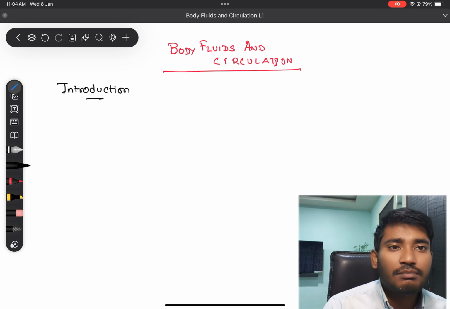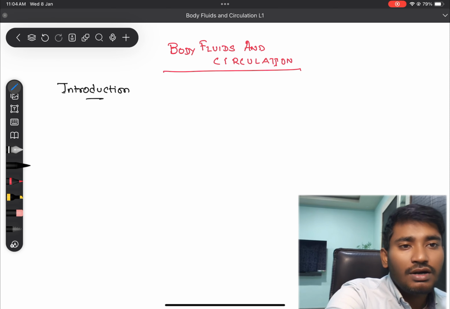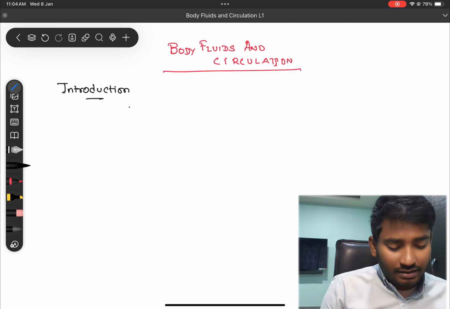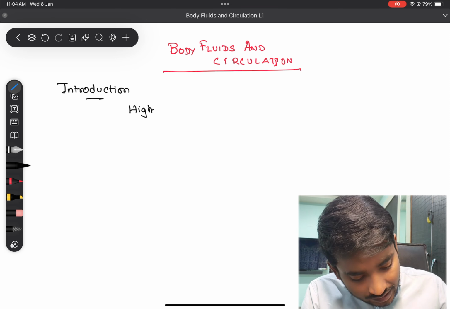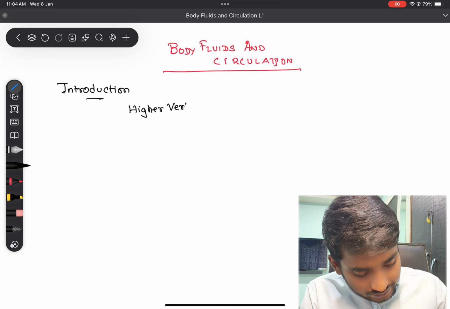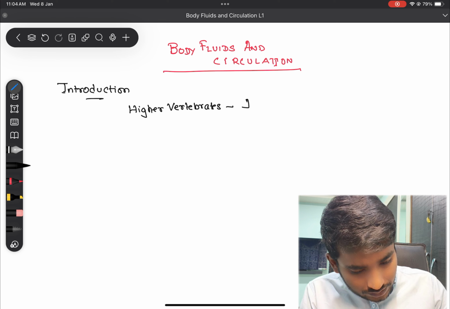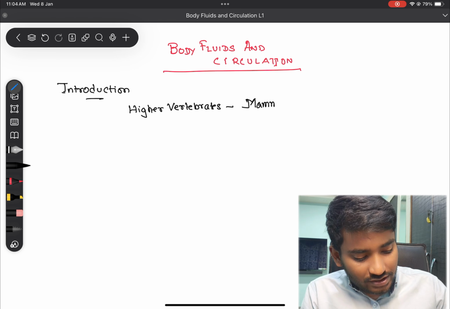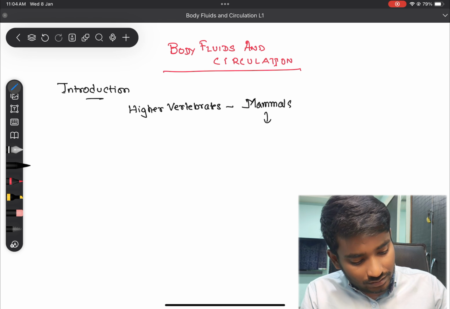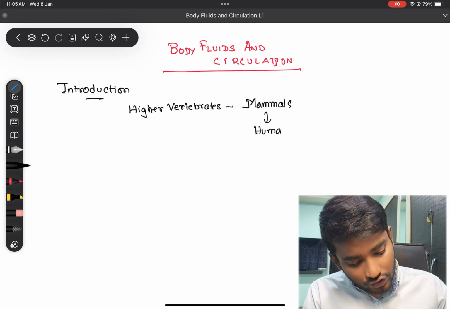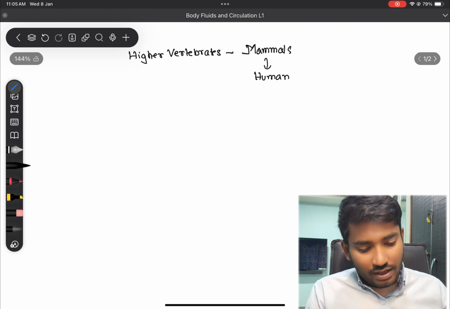Higher vertebrates are called mammals, in which humans lie.